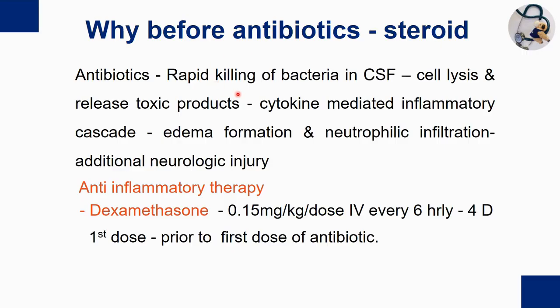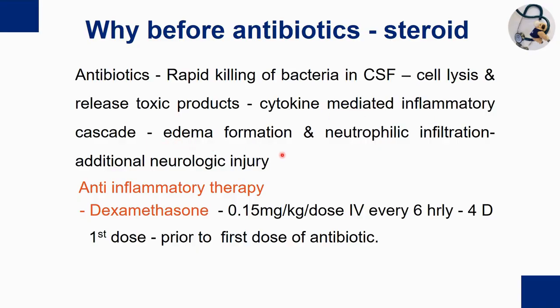Now, the role of steroid. Steroid is indicated and should be given before the antibiotic is started. The rationale for using steroid is that antibiotic rapidly kills the bacteria in the CSF. There is cell lysis of bacteria and it releases toxic products, which enhances the cytokine mediated inflammatory cascade.